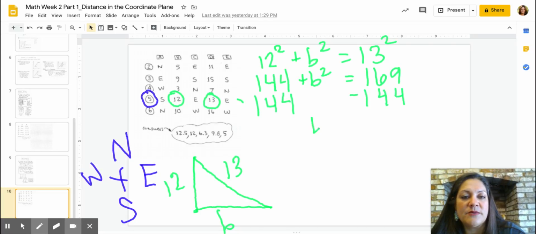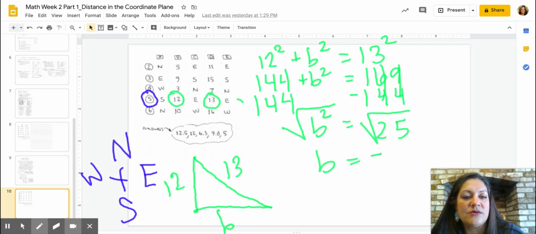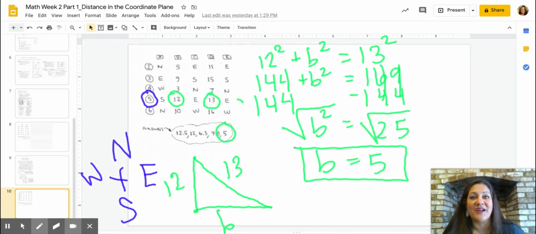That leaves me with B squared equals, let's see here, that's 5. That is 2. Nice and neat. Look at that. Perfect square. B equals 5 miles. And there is our answer there. All right. Yay. One more. Woo.